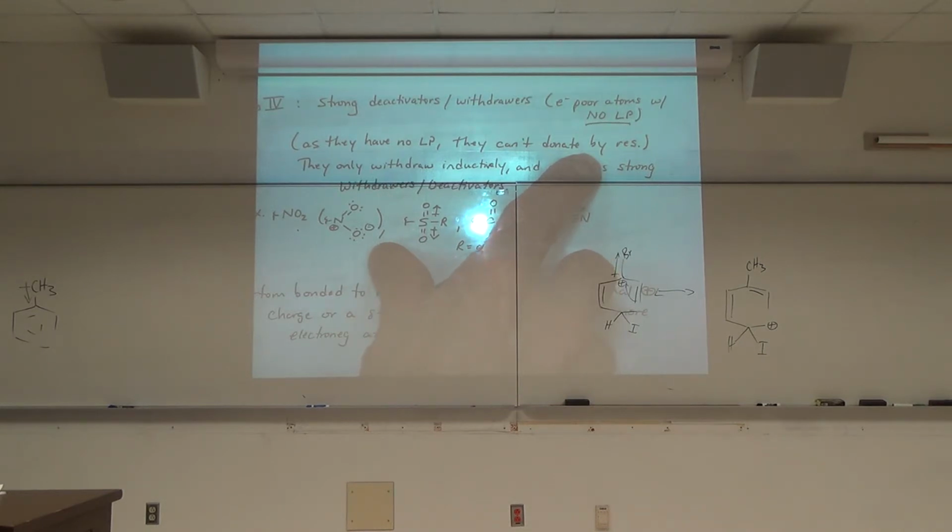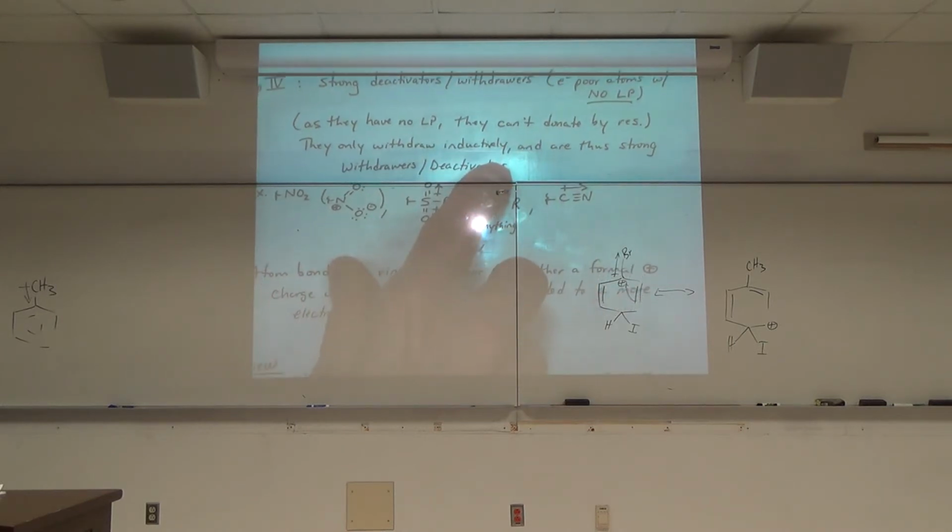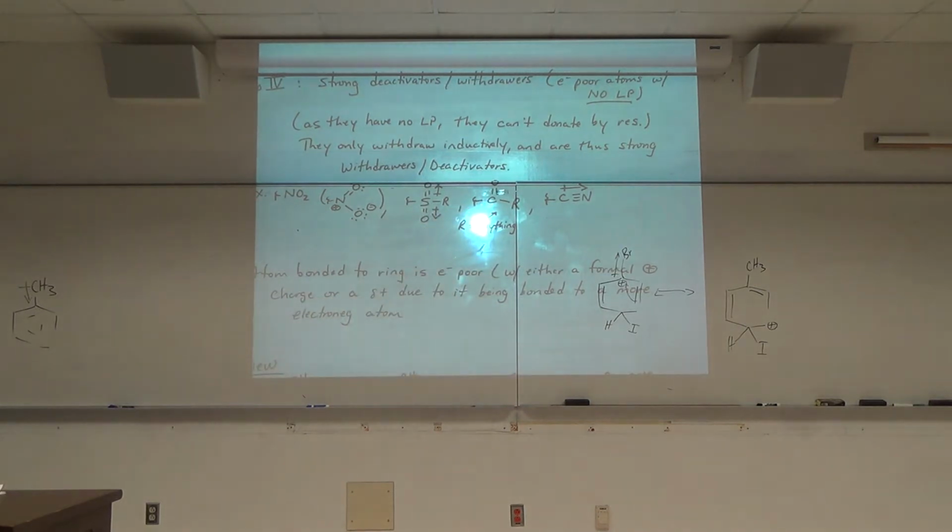That's not strictly correct, because we saw an alkene donate by resonance, and it didn't have a lone pair. But they will not donate by resonance. The only thing that they can do is withdraw inductively. Since that's all they can do, the net effect is what? Withdraw inductively.